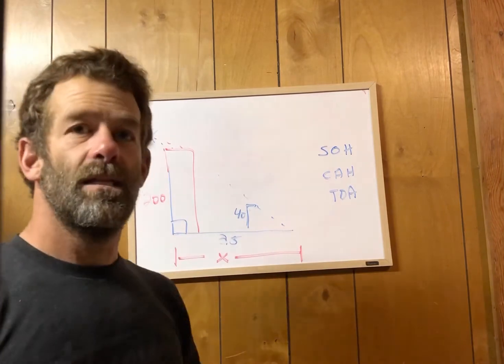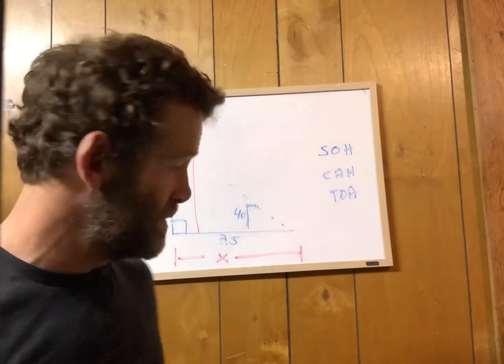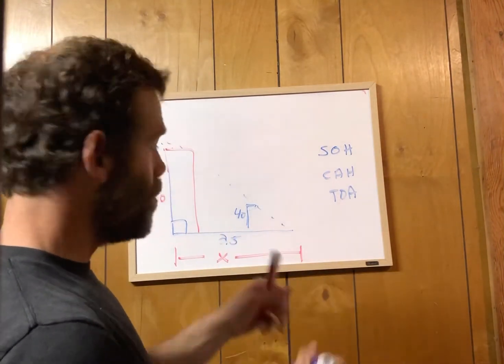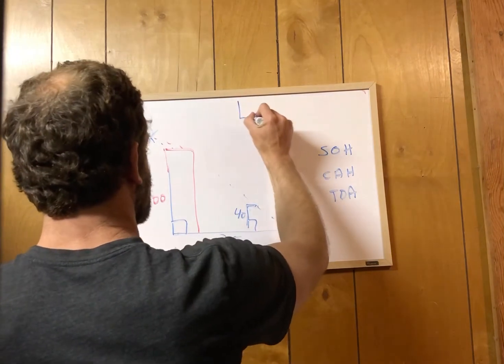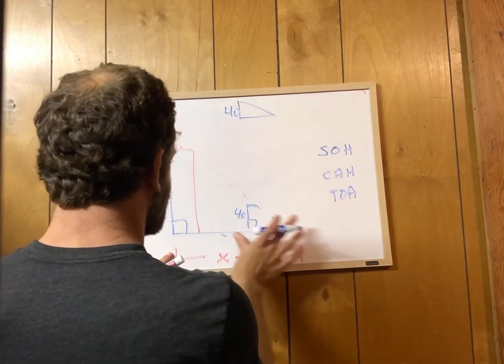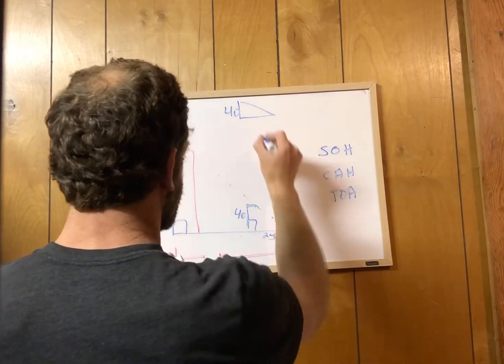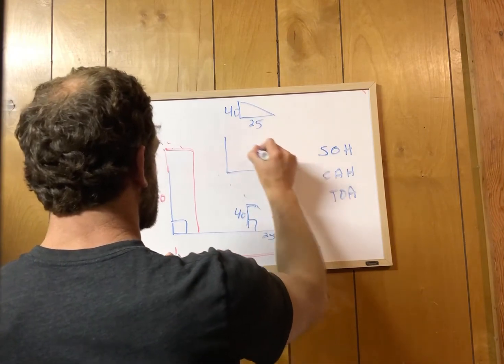This is like your similar triangles from chapter 2 when you had the word problems. So watch, if I were to redraw this, because this is a right angle, here's my little triangle. This is 40, and the shadow that this casts right here is 25 feet. Here's my big triangle.